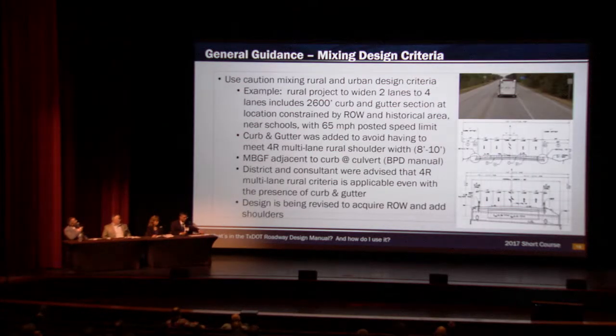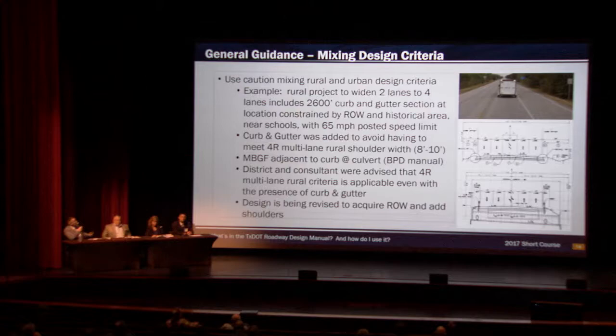Okay. A quick example here: this is a 60% plan set that I looked at recently, obviously in a rural section, and the caution here is about mixing rural and urban.